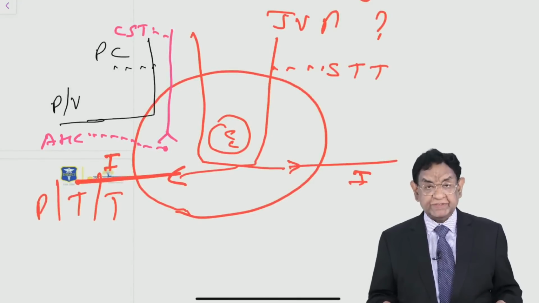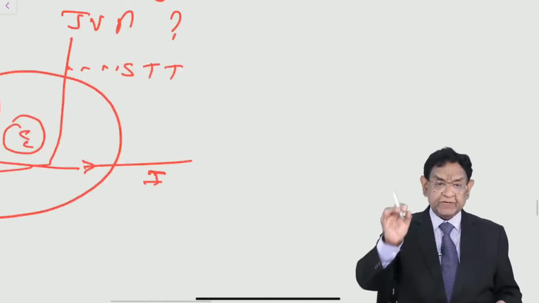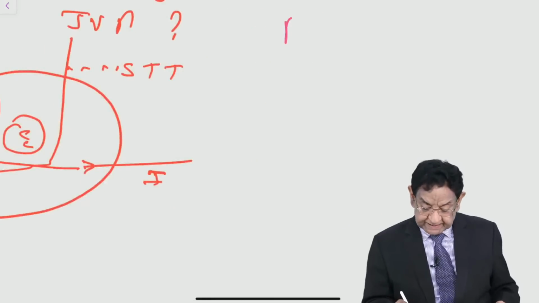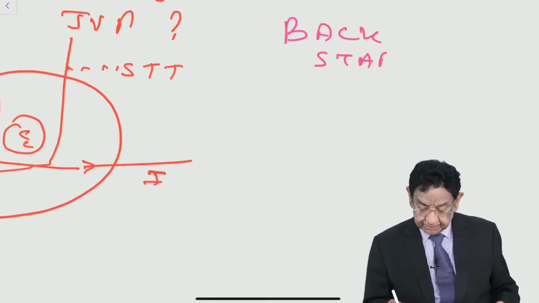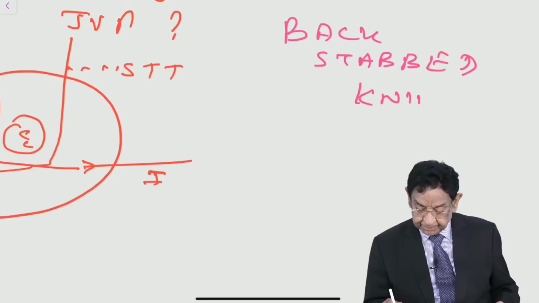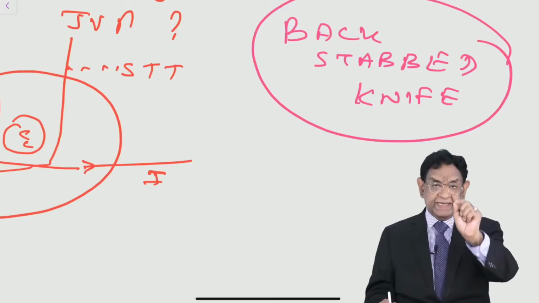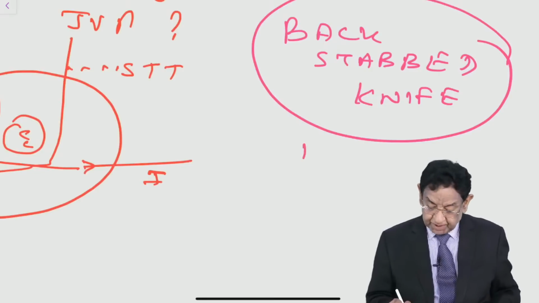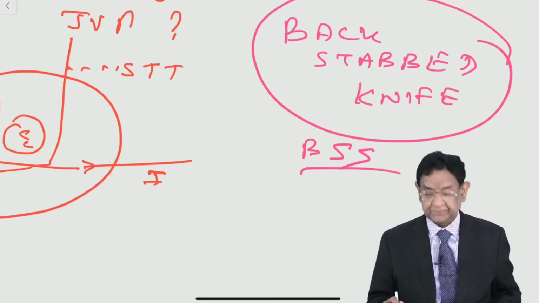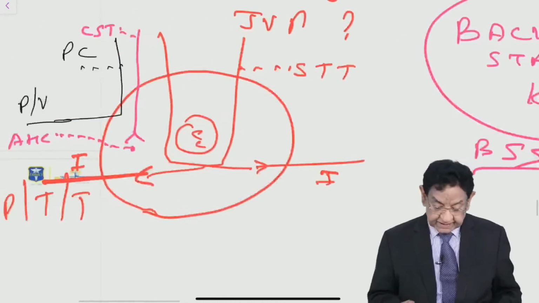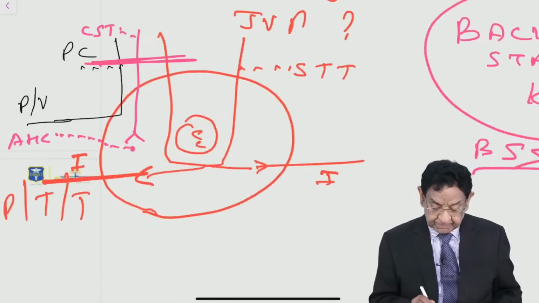Now in Brown-Sequard syndrome, whenever you get a question that a person was backstabbed with a knife, if you are getting this, you are dealing with Brown-Sequard syndrome. Here there is a cut in one half of the spinal cord.